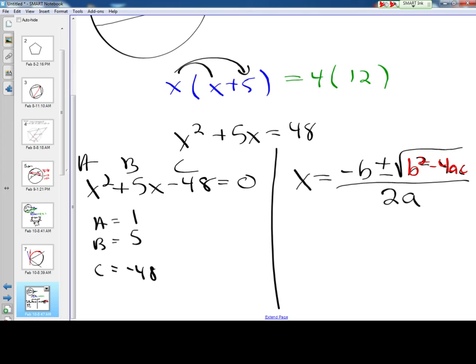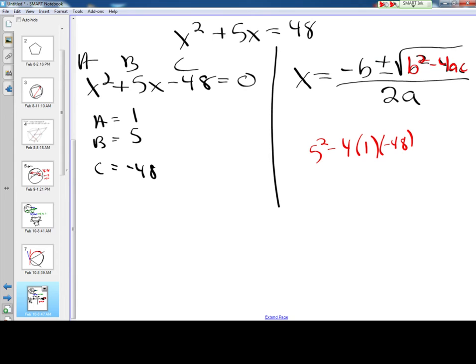So let's start off with 5 squared minus 4 times 1 times negative 48. So I got 5 squared, that's 25. Plus, right? Plus. And what's 4 times 48? 192.